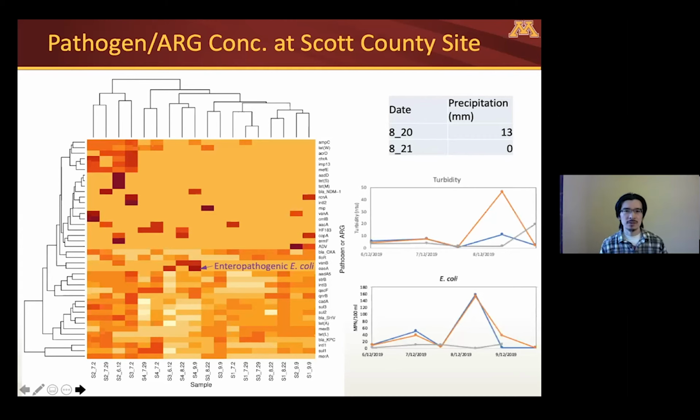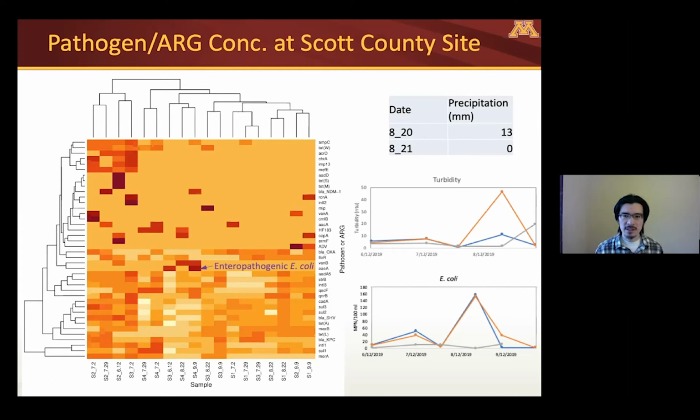In contrast to the Cover County site, we didn't see tight clustering of samples based on the pathogen and ARG concentration profiles. We see some precipitation on August 20th, and we see the increase in turbidity.